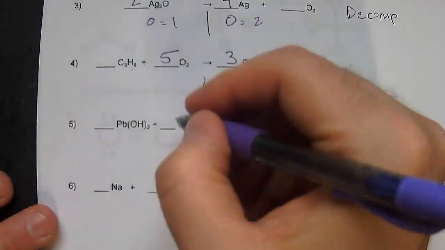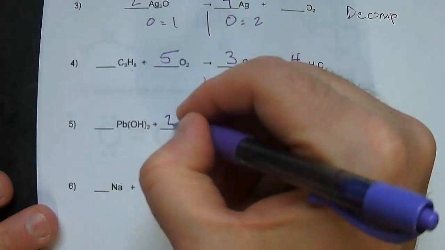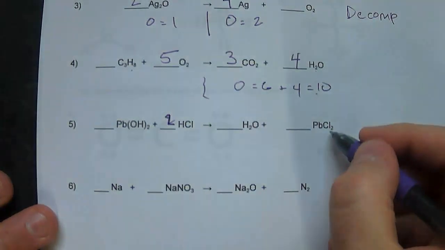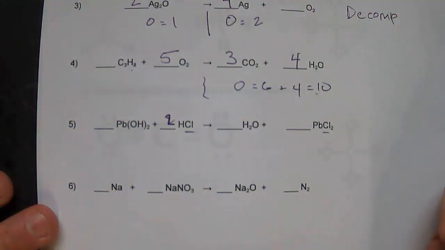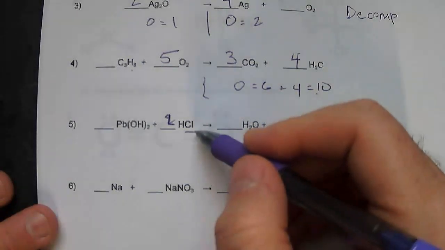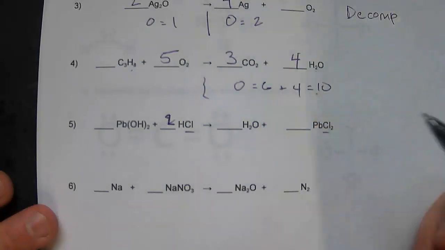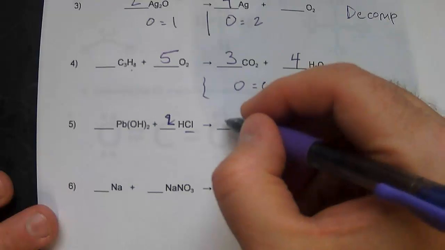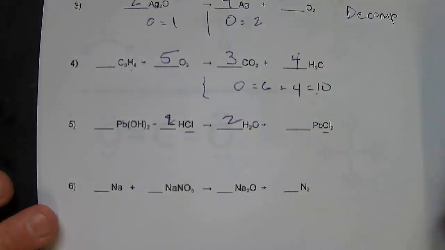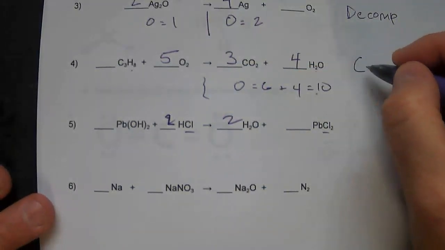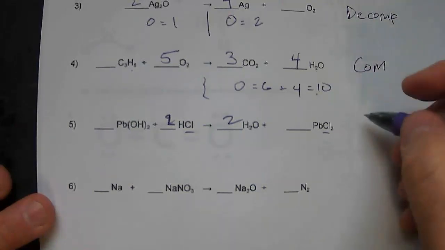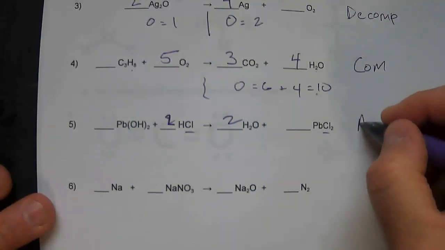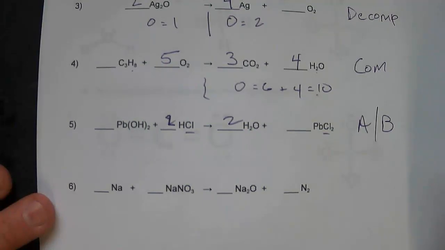So we're going to put a 2 here to balance the chlorines. I think everything else is, oh, we need to put a 2 here. Okay. So just so you know, this is combustion, and this is an acid-base reaction.